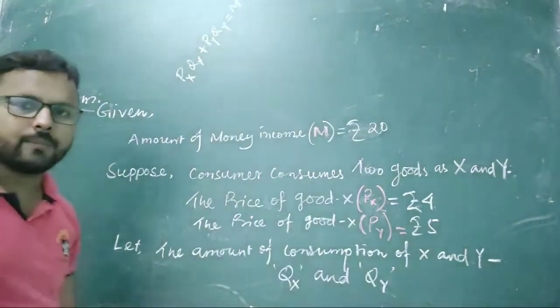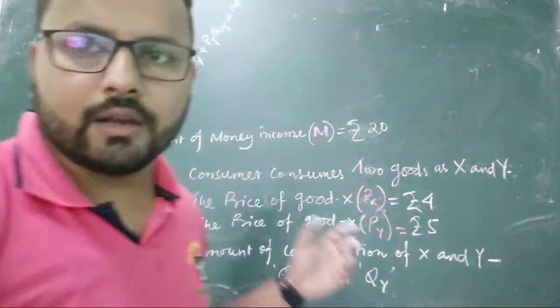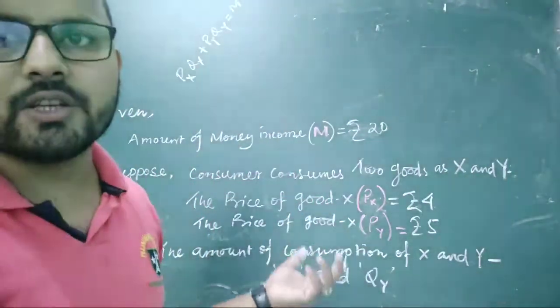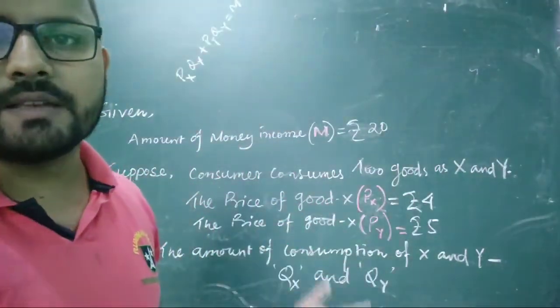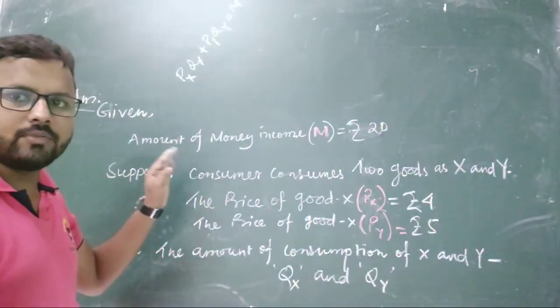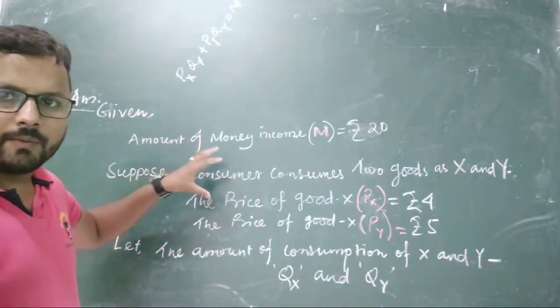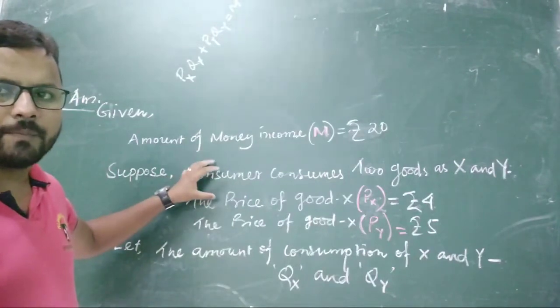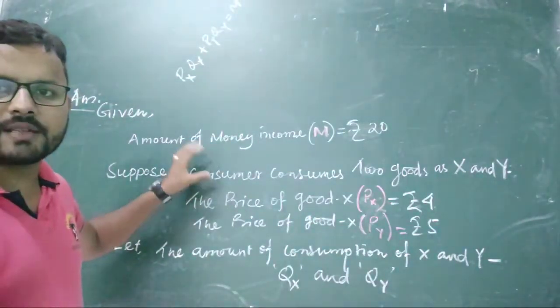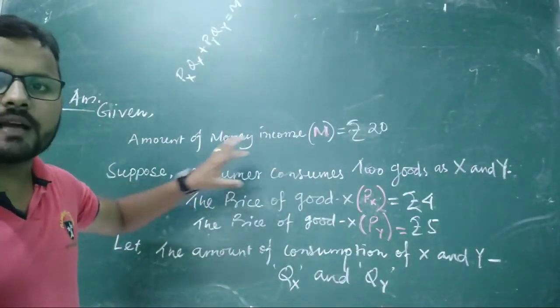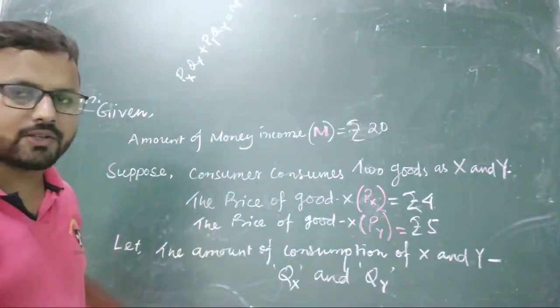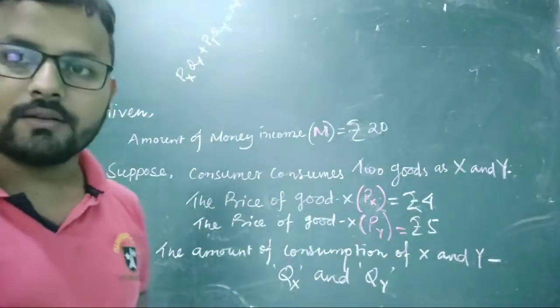Now, with this given information, we can form the budget equation. Some of this information is given and some of it we let. So clear?